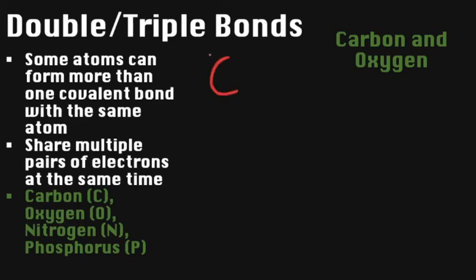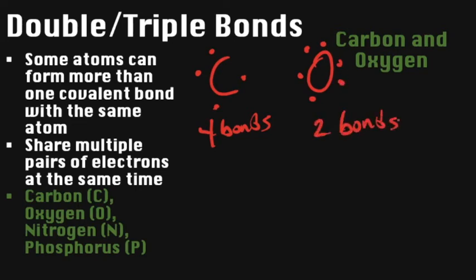So carbon, we've gone through this before. It has 4 valence electrons, and so it wants to make 4 bonds. Okay. Oxygen, we've gone through oxygen. It has 1, 2, 3, 4, 5, 6, and it wants to make 2 bonds. Okay, so let's go ahead and do the steps that we did before.